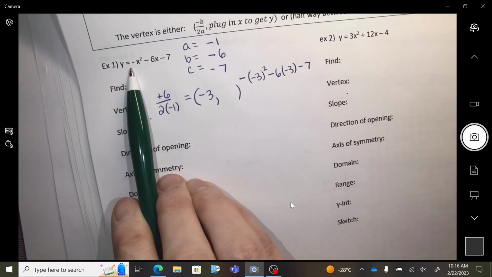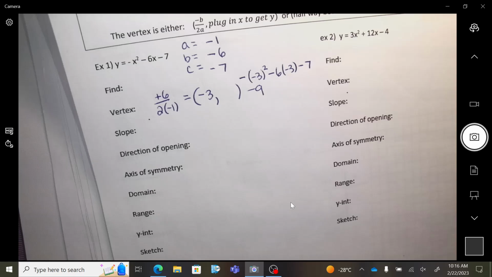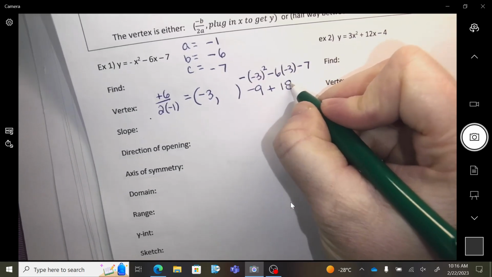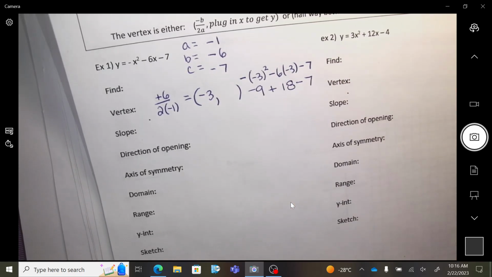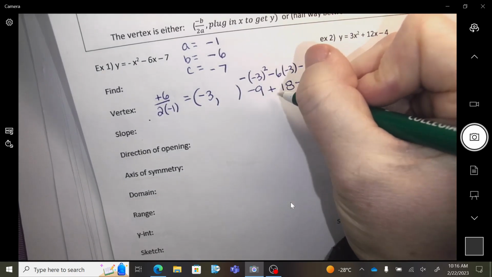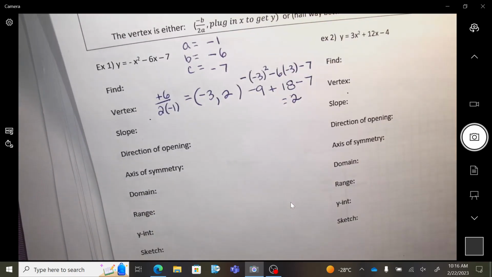Then times it by a negative 1. So negative 9 plus 18, subtract 7, sorry if I said 9. So that came out to 2.